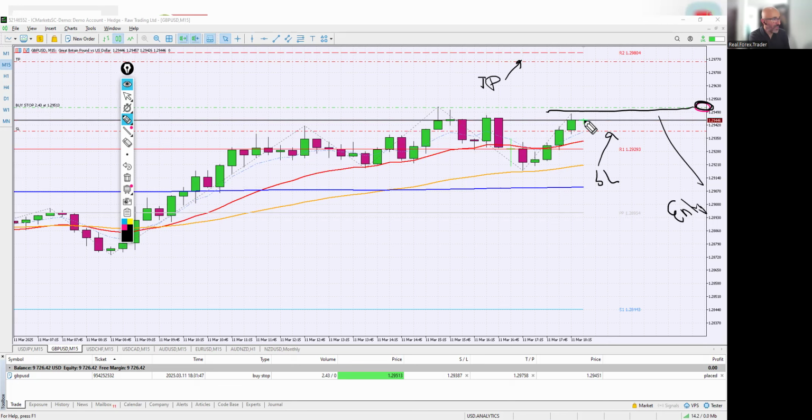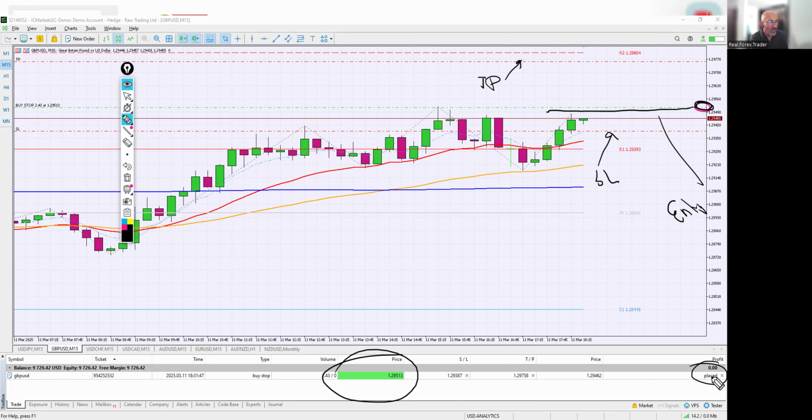In this moment, look at this, the trade was placed, but not triggered. It is triggered when you start to see movement here, when you start to see the money or the pips or the units moving in positive or negative.